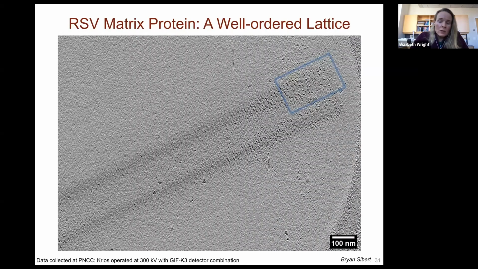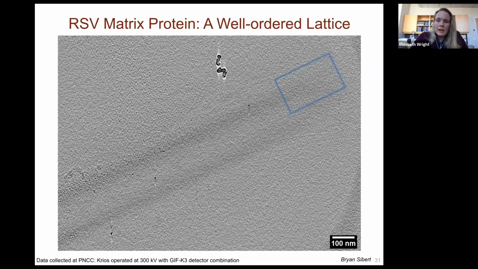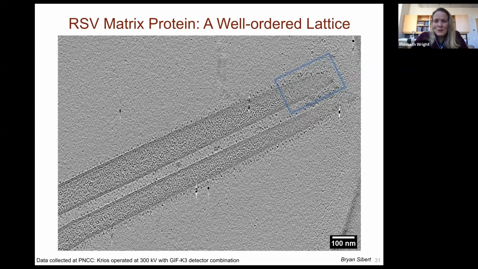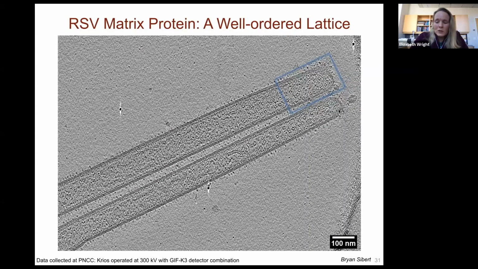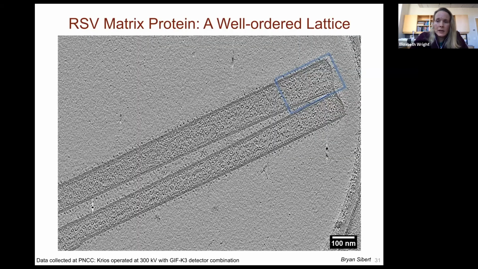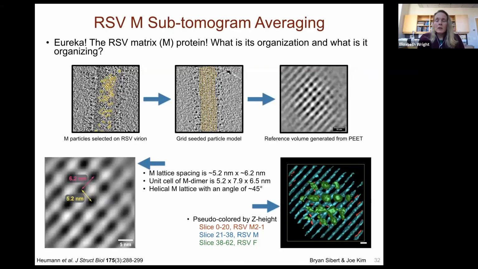This was the first time we saw the matrix protein lattice on these virus particles, and we've imaged thousands of particles. It was the great resources at PNCC that allowed us to see this at last. Much like we did with the F glycoprotein, but in a slightly different way, because we're interested in understanding the organization of this matrix protein lattice, we did subvolume averaging.